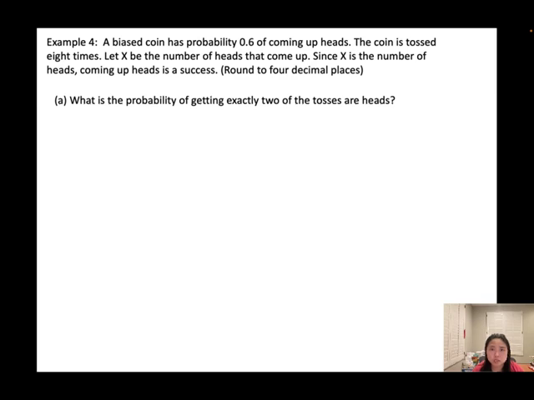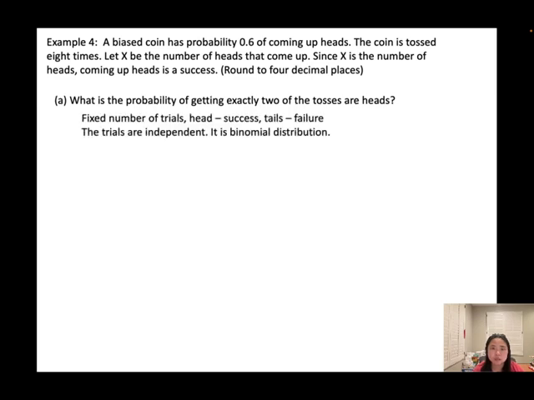And are the trials independent? Okay, right? We do have a fixed number of trials, the coin flipped 8 times. We do have 2 outcomes, heads and tails. Trials are independent, and the probability of success remains the same. So good, this is a binomial distribution.